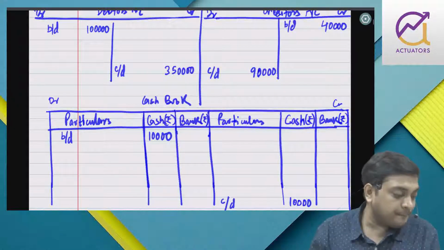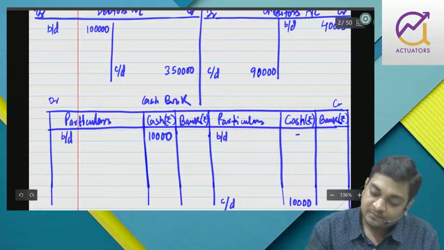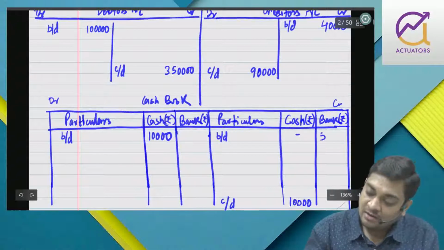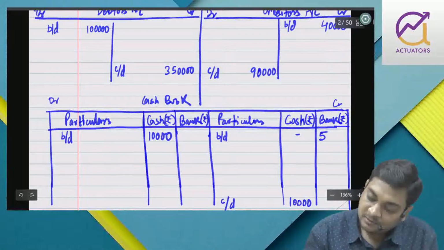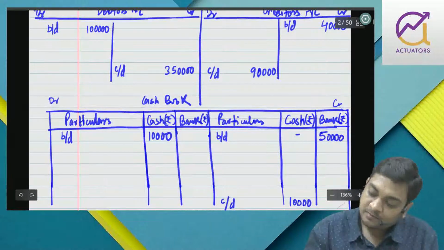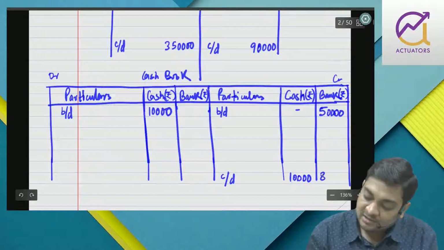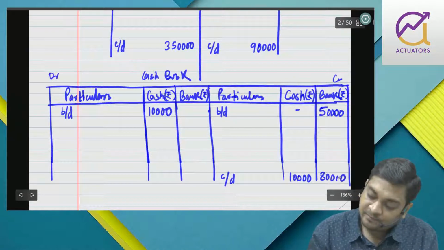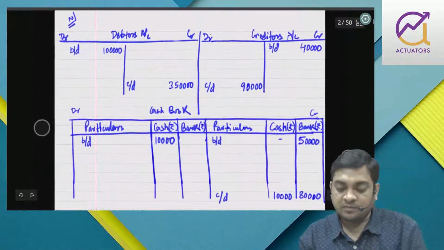Bank, so opening we have credit, so bank opening we have overdraft, and closing is debit, so that's positive balance, right?